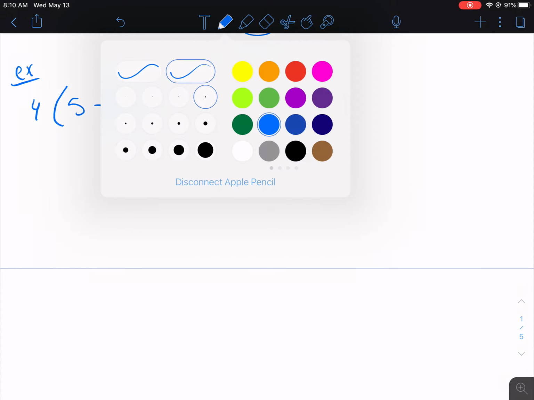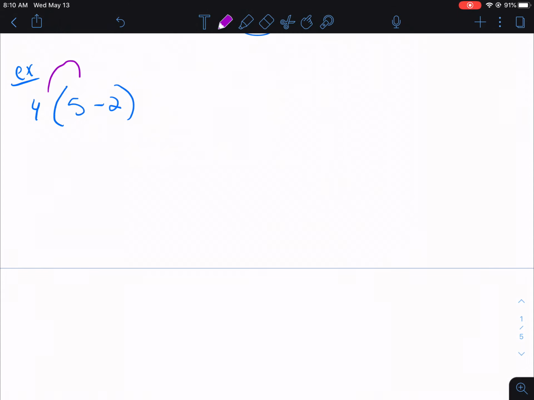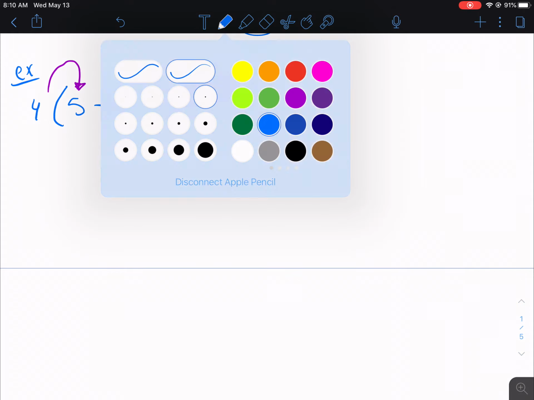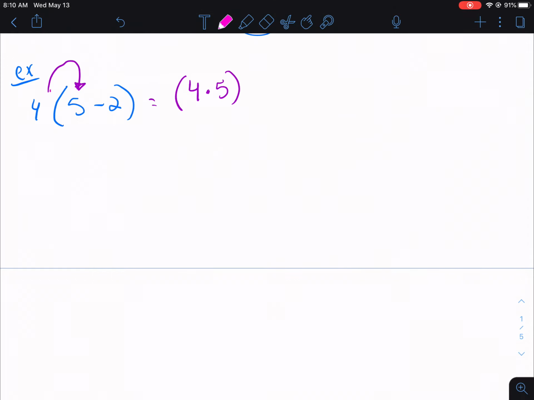Another example. 4 times parentheses 5 minus 2. I distribute 4 times 5, and then 4 times 2.